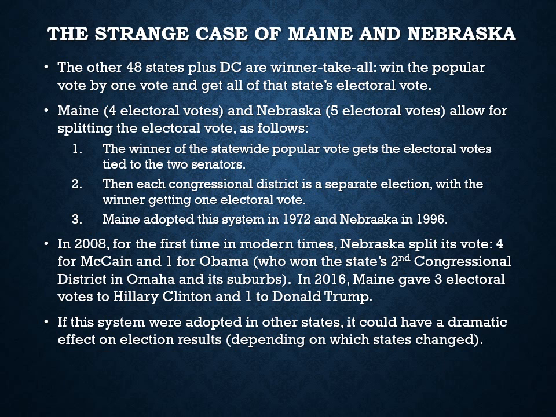Let's just say that hypothetically. That means then that the total for California's electoral votes is not 55-0. It would actually be 42 for the Democrats to 13 for the Republicans.